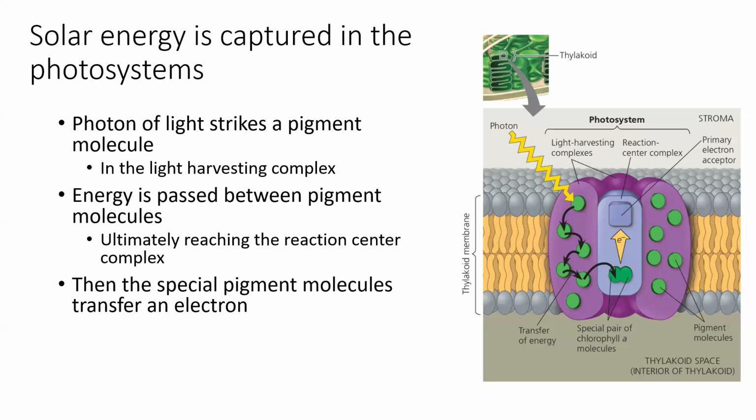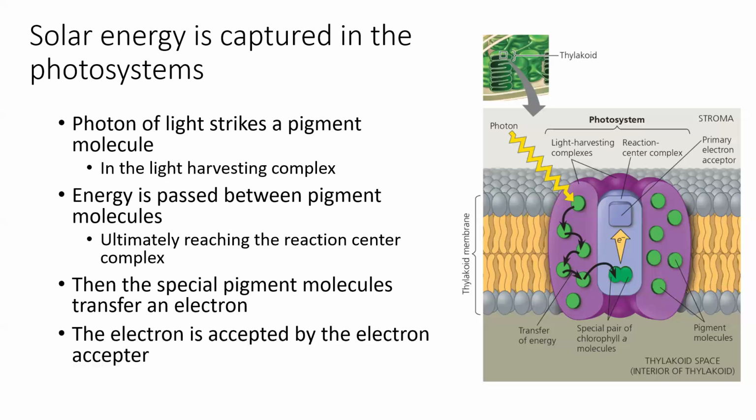The pigment molecules on the outside of this light harvesting complex are nothing special, but there are special pigments inside the center here. Those pigments are special because they can actually transfer an electron. So this electron gets transferred and then accepted by this primary electron acceptor. So this is how photosystems work. This is how they capture that solar energy.